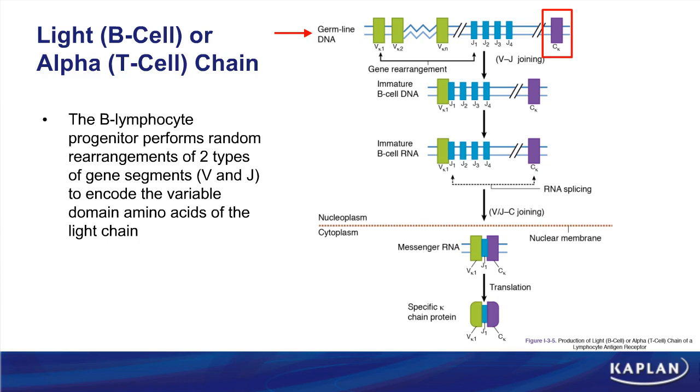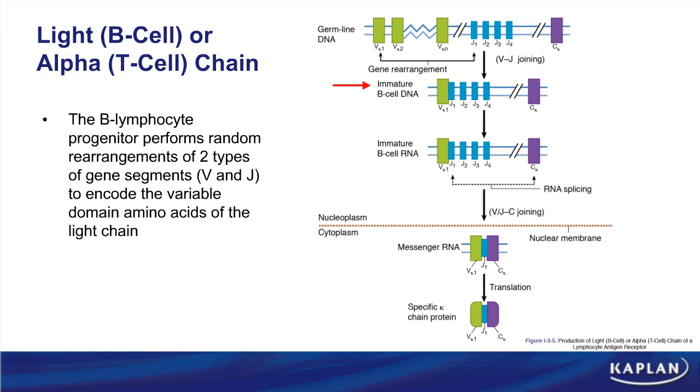So same sort of thing happens. The recombinase comes in, helps to facilitate that rearrangement, brings in a V segment in close proximity to the J segment. The intervening DNA is spliced out, and those two gene segments are then ligated together. The rest, as we already said, is sort of just routine molecular biology.